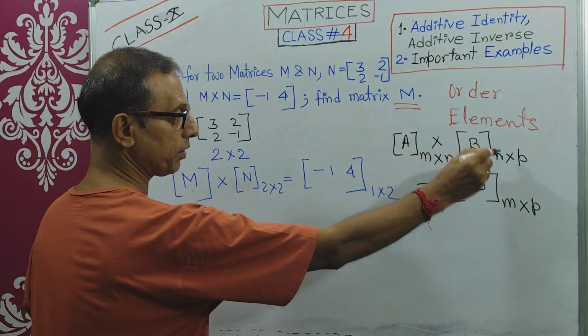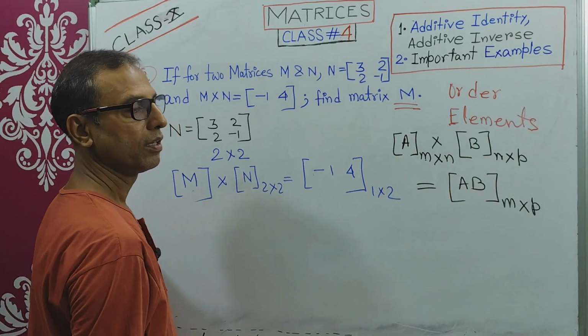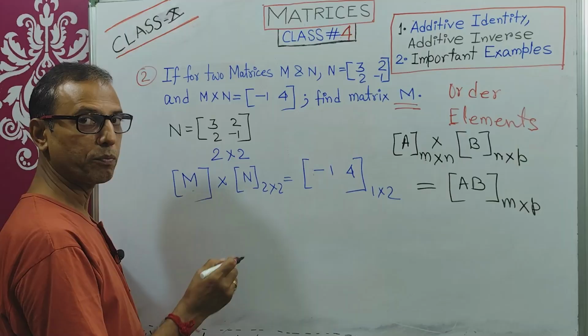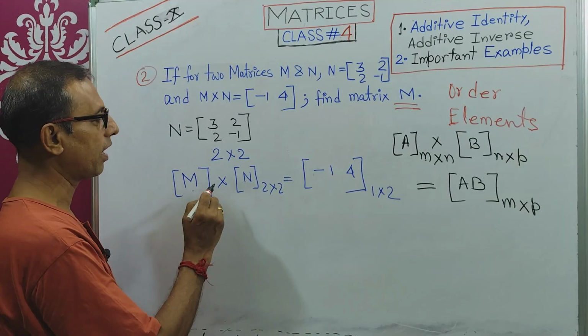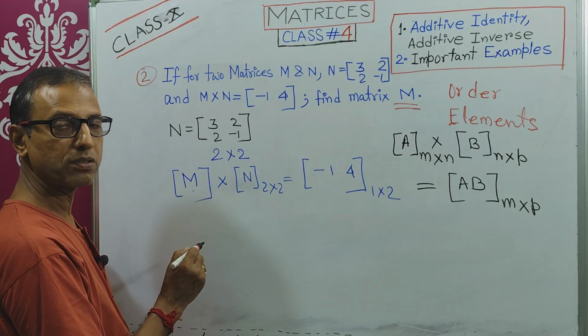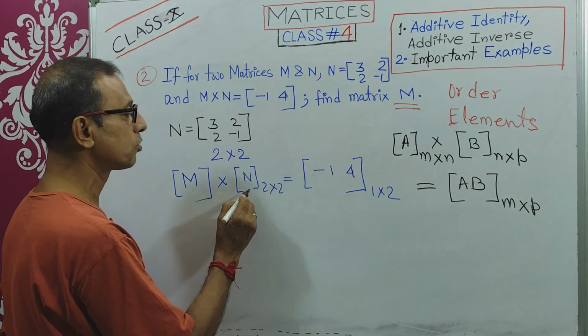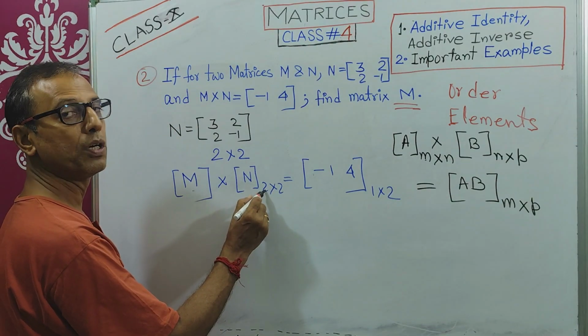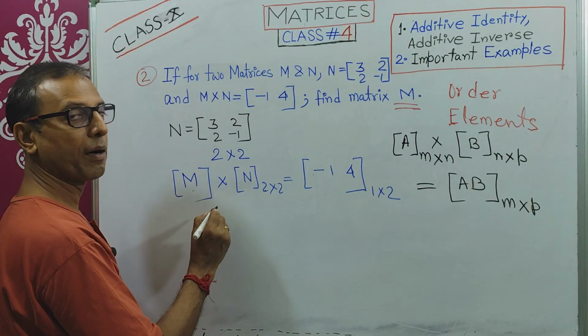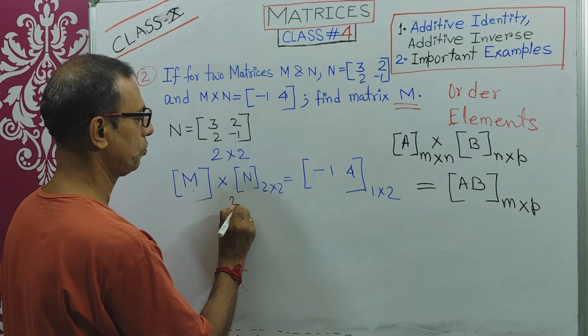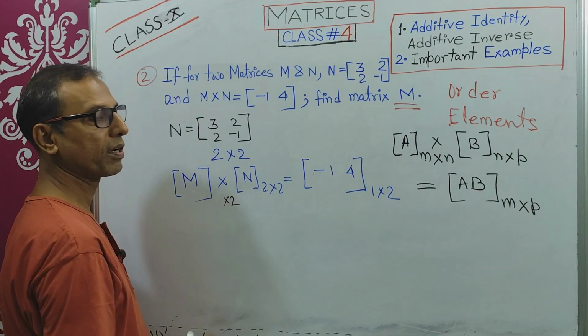If you look into this, you can multiply two matrices only when the number of columns in the first matrix is equal to the number of rows in the second matrix. The second matrix has 2 rows, so definitely the number of columns in the first matrix is also 2. Now what will be the number of rows?